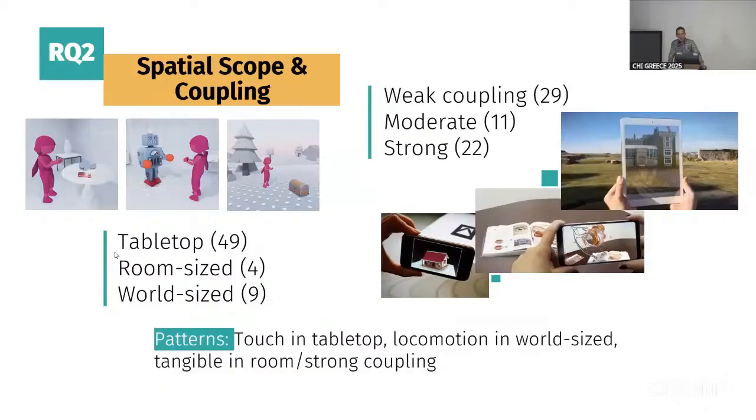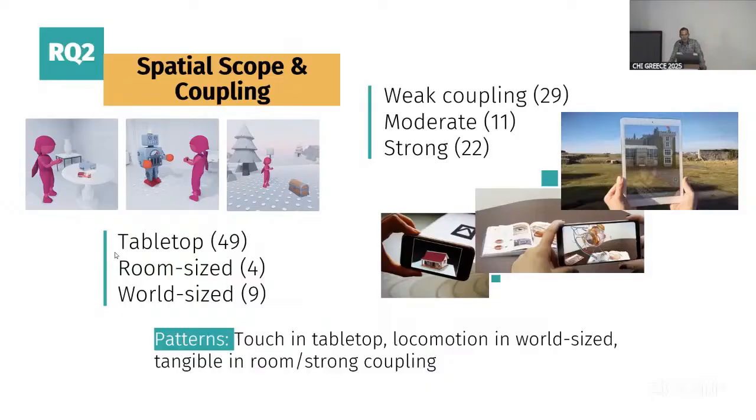In moderately coupled ones, the marker object gives some semantic clue, like a picture of a skeleton triggering anatomy content. And finally, strongly coupled experiences tie content tightly to the real world. For example, an app where students point at a real tree and can see its inner biology. Or like in this picture, a digitally reconstructed building is presented in its former location. So there's a connection between the digital content and the physical space.